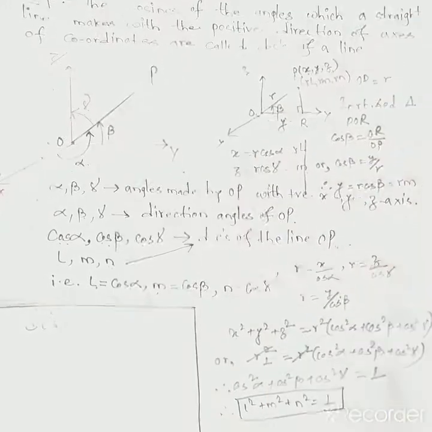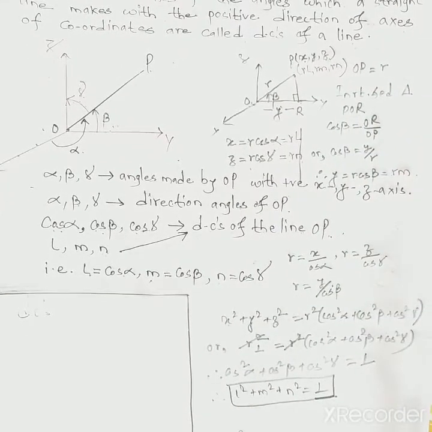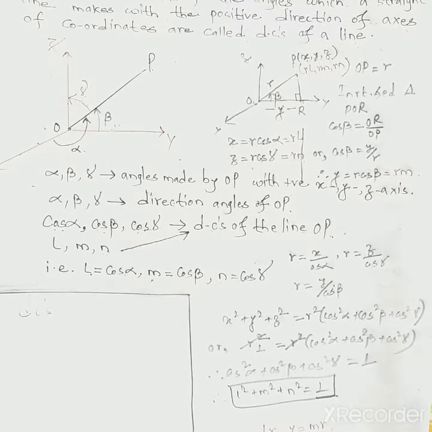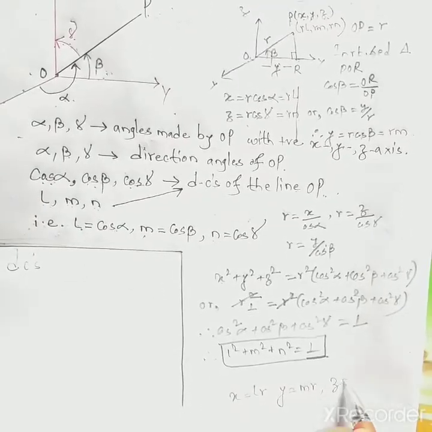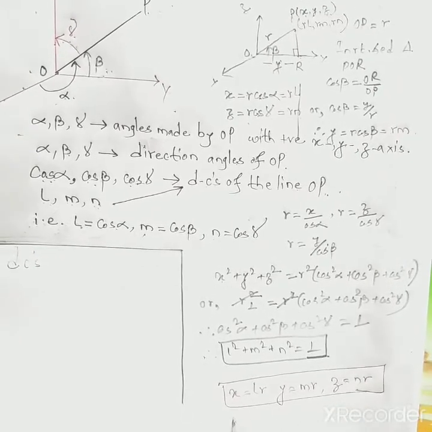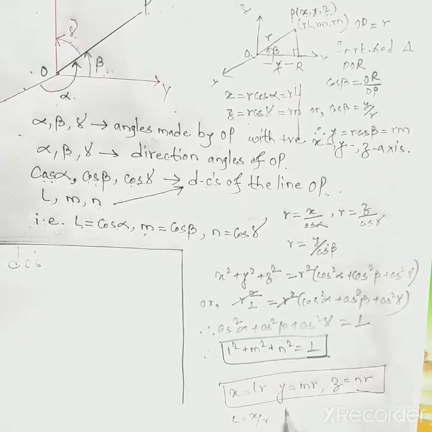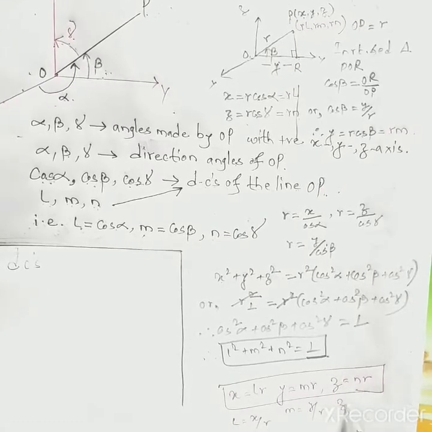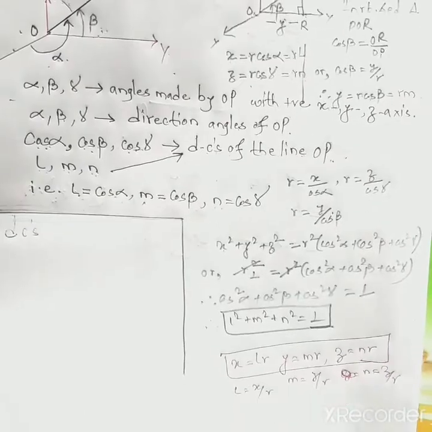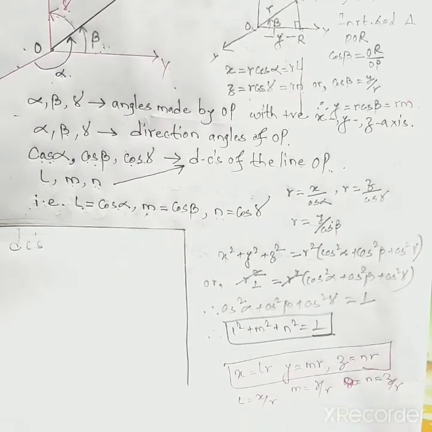So here we can make another conclusion that x equals LR, y equals MR, and z equals NR. This relation is also important, or this can be further written as L equals x upon R, M equals y upon R, and N equals z upon R. So this relation is very much important for further purposes.